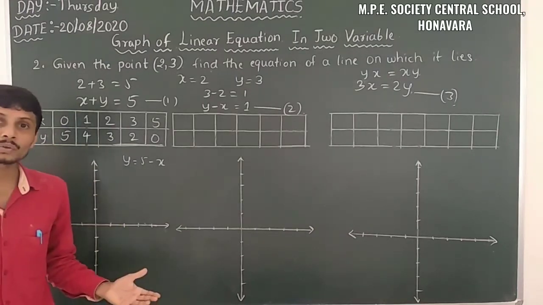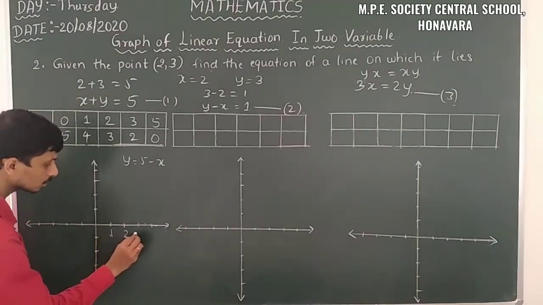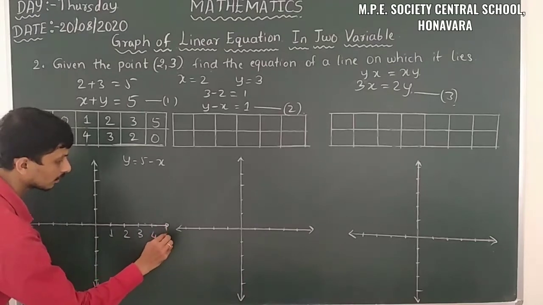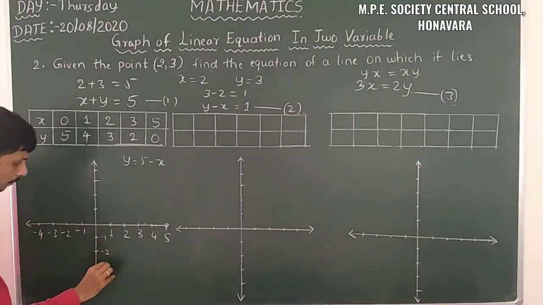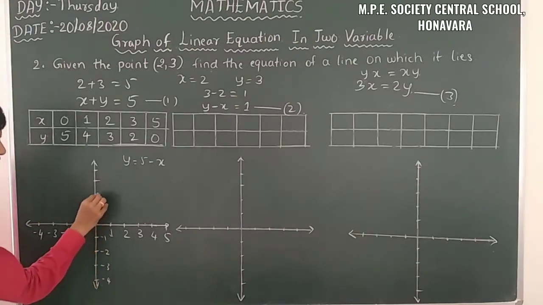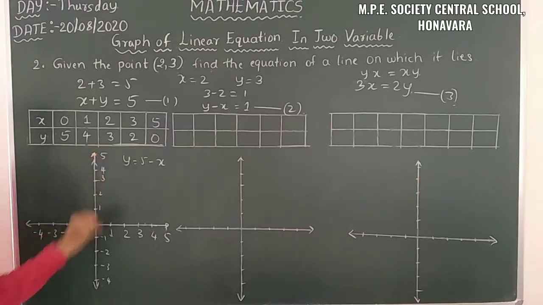After that what do you have to do? We have to draw in the Cartesian plane. We take the coordinates 1, 2, 3, 4, and 5, and here minus 1, minus 2, minus 3, minus 4, and likewise on the other axis. I want 5 also, so here I will take 5.